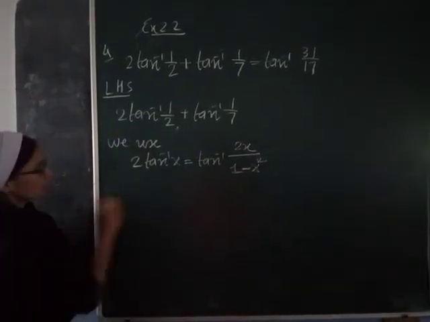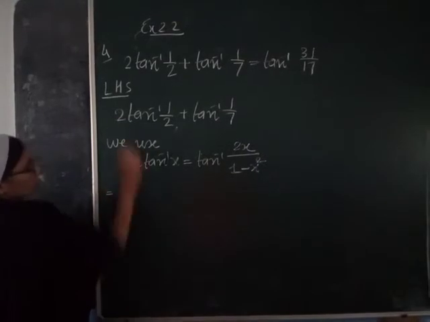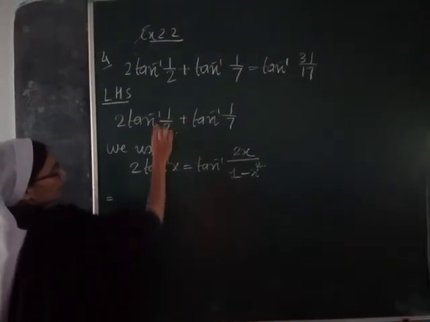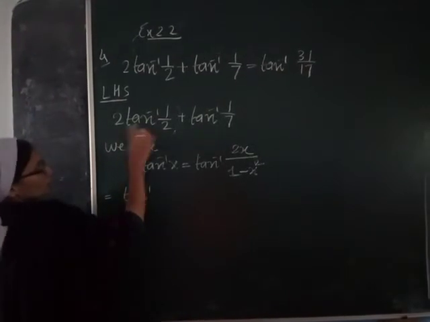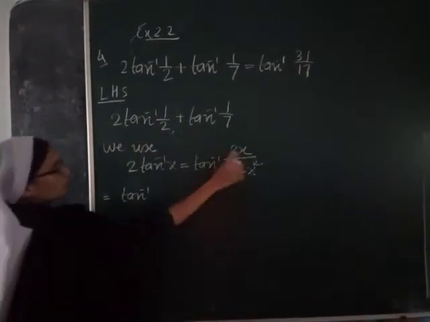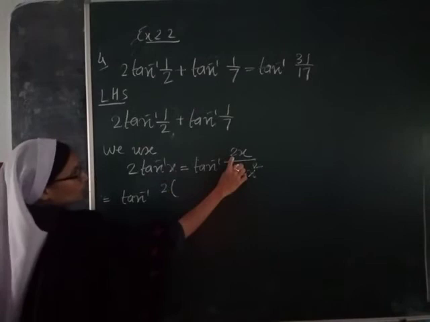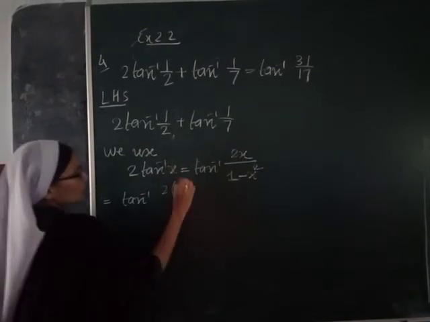We shall use this result. We will use here 2 tan inverse x where x is 1 by 2. So instead of 2 tan inverse, I have tan inverse 2x. So 2 is from the formula and x is this 1 by 2.